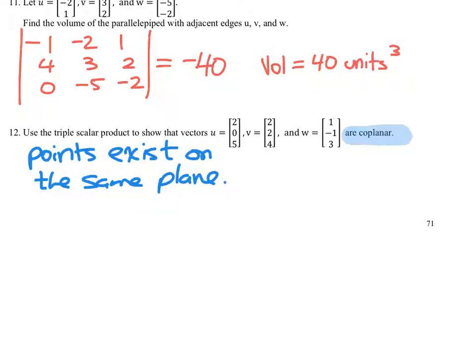So if 3 points exist on the same plane, they're coplanar. But in this case, we're talking about vectors, so the same concept applies. It's saying that all 3 of these vectors are living on the same plane.